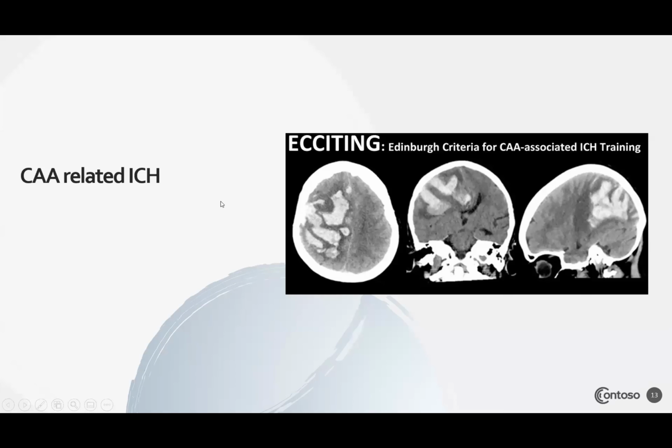Another type of hemorrhage, primary or spontaneous hemorrhage, is cerebral amyloid angiopathy. You will see a honeycomb appearance. It's multiple sites, multiple ages. It will be cortical and subcortical, like a sunrise, spreading from the cortex to the subcortical area, with mass effect, and of different ages also.